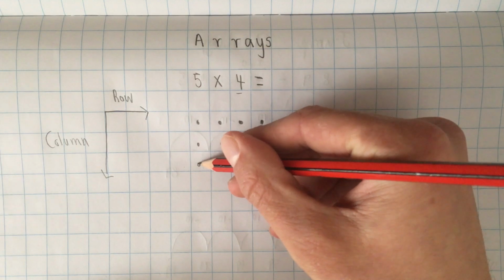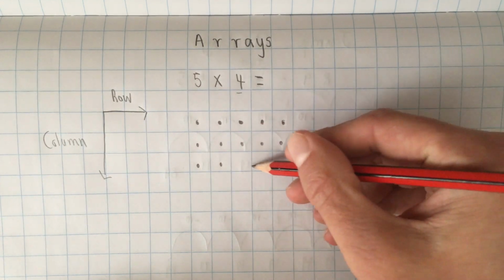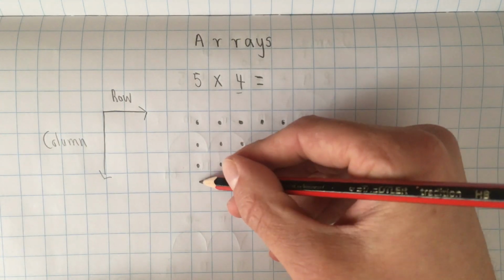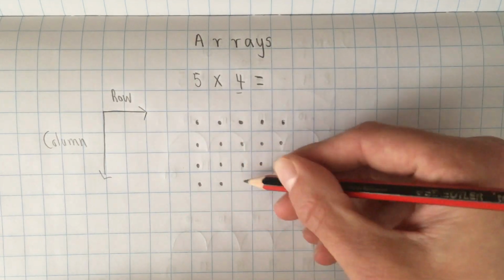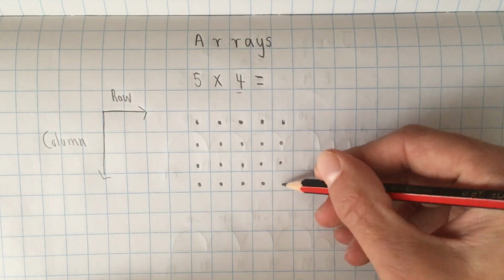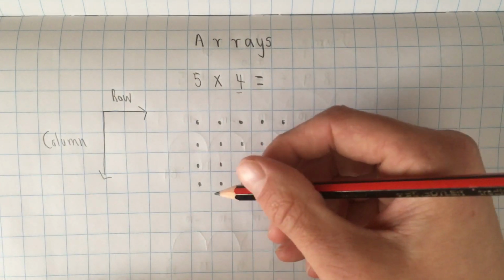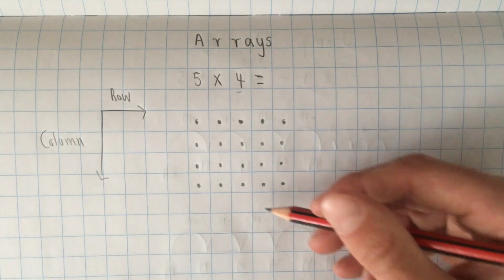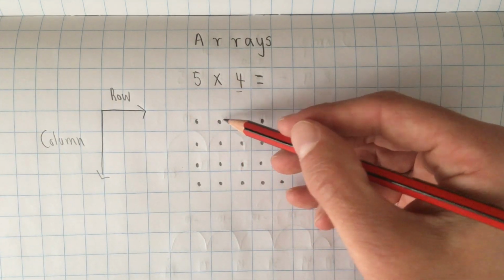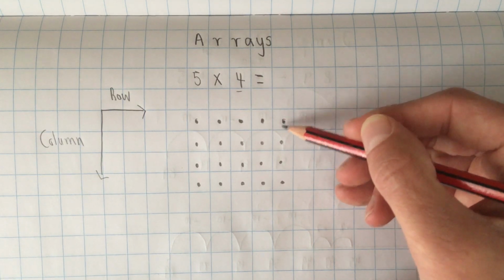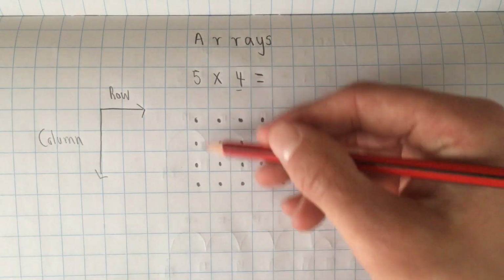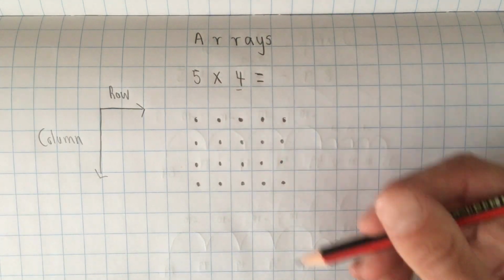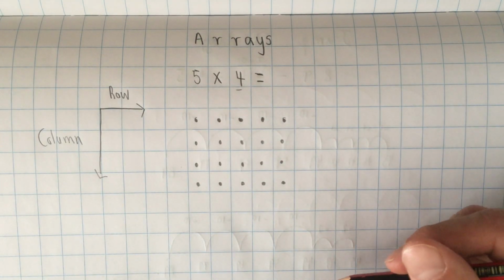So I've got 2, 3, 4, and that's all I need. I was about to do a fifth, but I don't need a fifth. So now I've got 1, 2, 3, 4, 5 columns going down and 4 rows. 1, 2, 3, 4.